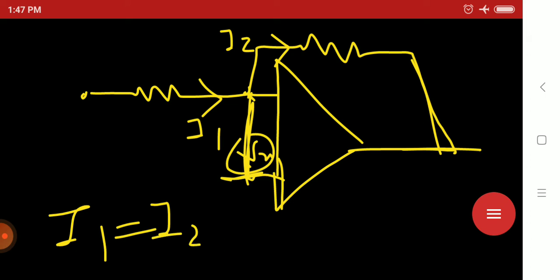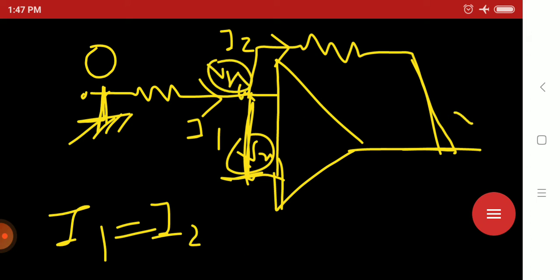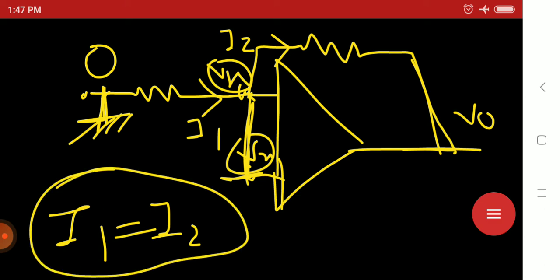So here in this case, at this point let us consider it is grounded. Grounded means what? At this point voltage is 0. That means 0, here Vx voltage, and here V0 voltage. So I1 equals I2. If we apply, what we will get?